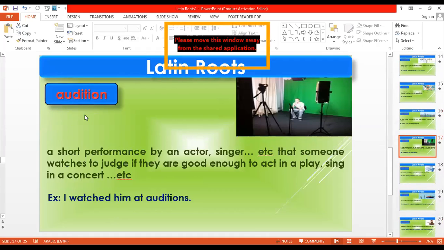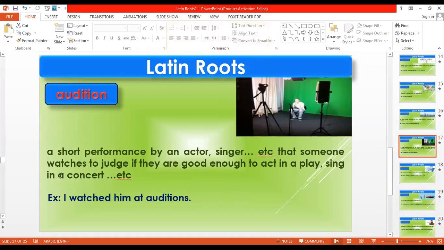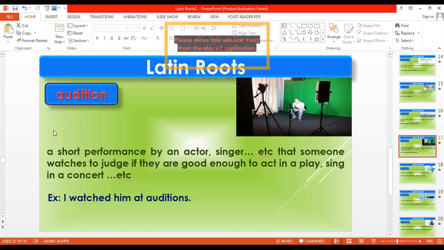Audition. It's a short performance by an actor or singer that someone watches to judge if they are good enough to act in a play or sing in a concert. So if you want to be a singer or an actor, you have to go for an audition test.